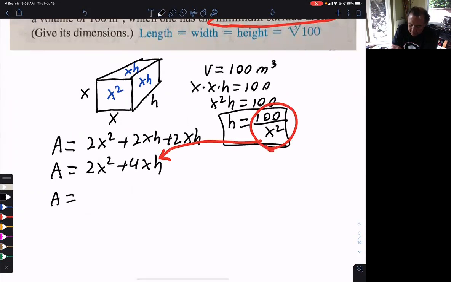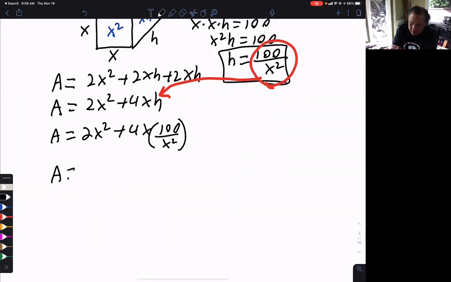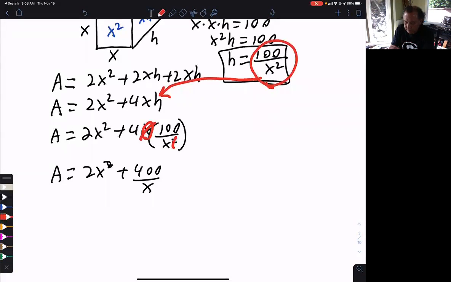So my surface area is 2x squared plus 4x times 100 over x squared. And this simplifies to this, 400 over x, because one of these cancels one of those. And to make the derivative much easier, I'm going to move the x on top and get x to negative 1 power.